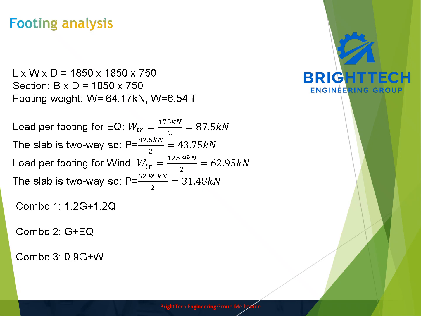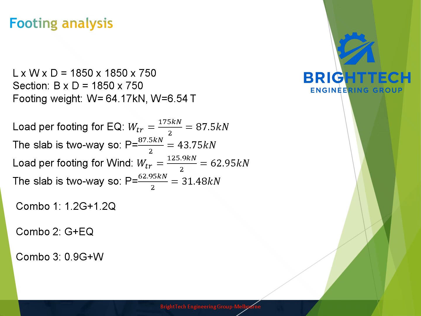Footing weight, we already have this weight, 64.17 kilonewton, and W is 6.54 tons. Load per footing for earthquake, we already calculated for the tributary area, which is 175 over 2, resulting in 87.5 kilonewton.